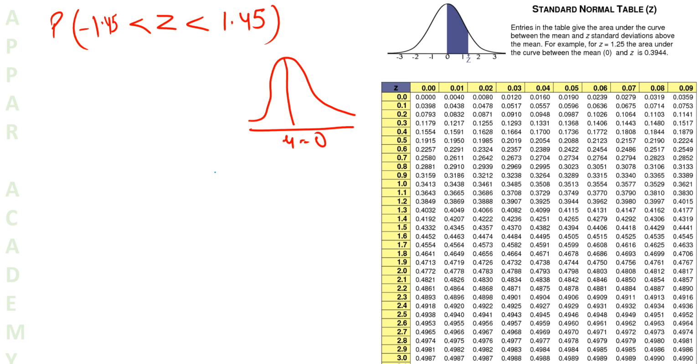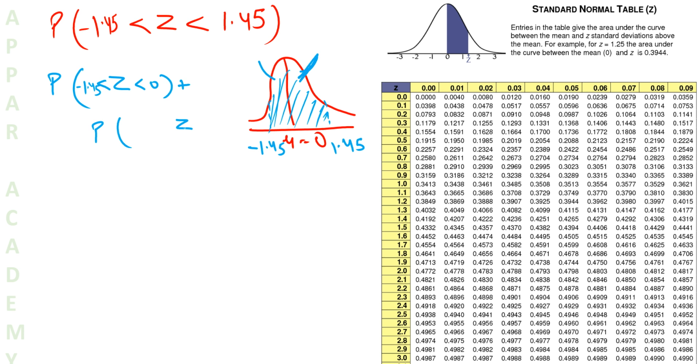Okay, last question. The probability that Z lies between minus 1.45 and 1.45. Now this, by now everyone must know, right? By the law of symmetry, this area and this area are the same. So this is equal to the probability that Z lies between minus 1.45 and 0 plus the probability that Z lies between 0 and 1.45, and by the law of symmetry, these two are equal.